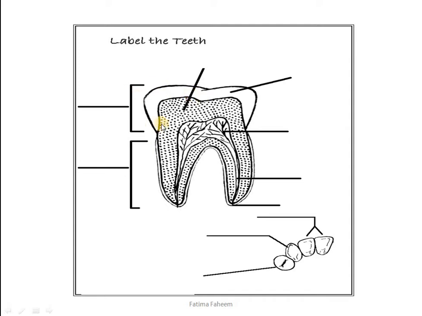For instance, in this case, we have a tooth, and this part is called the crown or the enamel of the tooth. So when you have to label a larger region, make a bigger bracket and then label your part, whatever that part is. In this case, the crown is being labeled, so you will draw a little bracket here and then you will write the crown. Here on the other side, you can write the root.